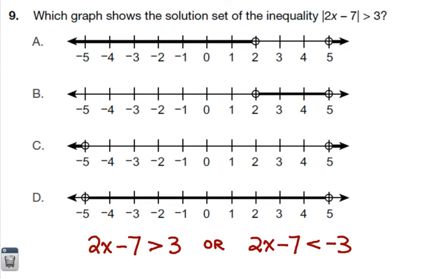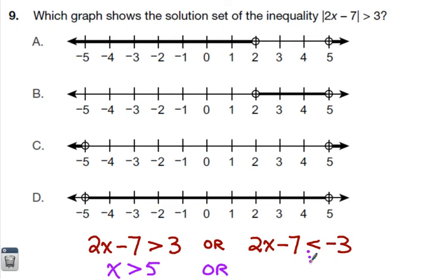I don't have much room here, so I'm going to take some liberties. I'm going to add 7 to both sides and then divide both sides by positive 2. And that should be 5 when I get x by itself, because that's how you know what the graph is going to look like. Again, I don't have the room to write out all the steps, but you should.